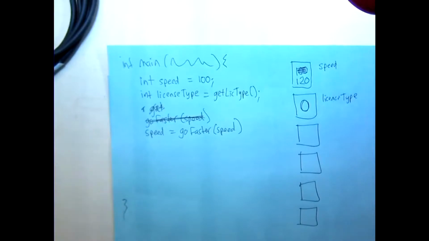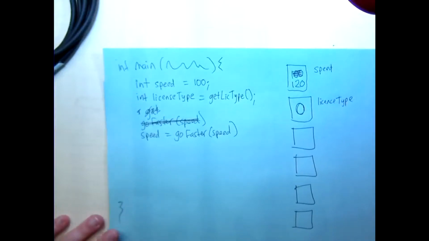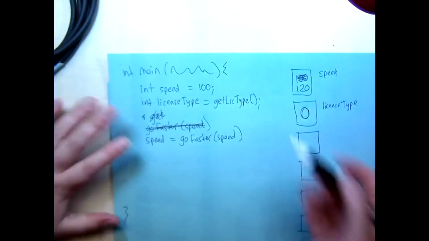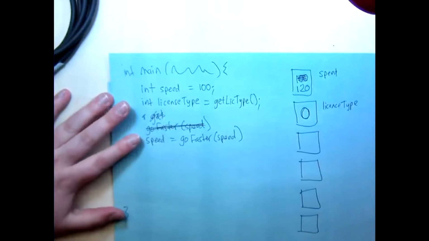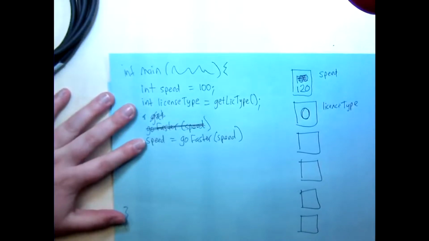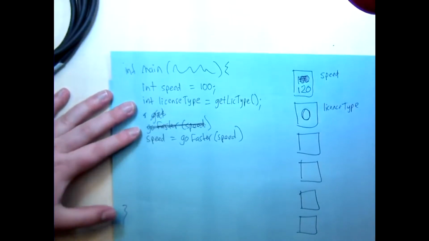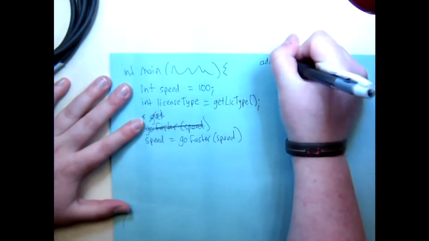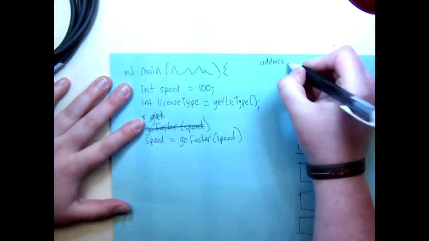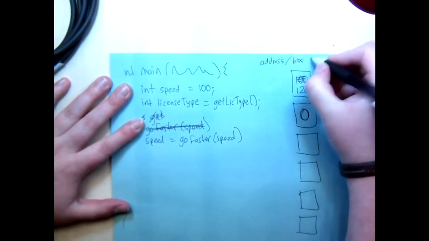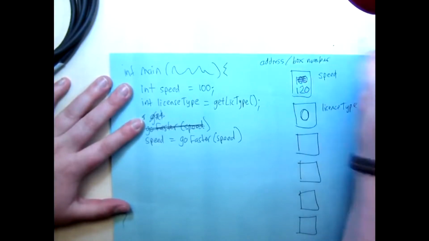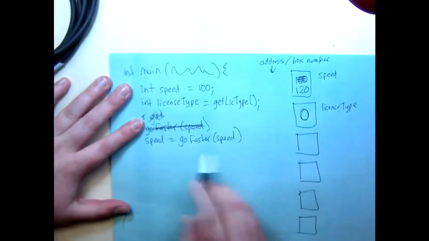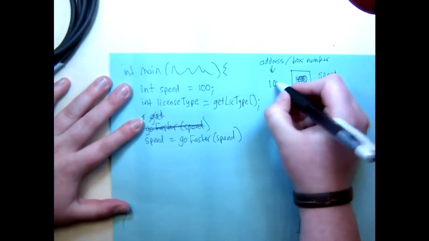Similarly to how every seat in this room, we could just say, that's the first one, that's the next one, that's the next one, our memory is done like that as well. And so we might say that this is a memory address. I'm going to start at 100, because address 0 is special for reasons we'll get into in the future. So I'm going to say address, or box number, and that's this column here. This one here is at address 100.